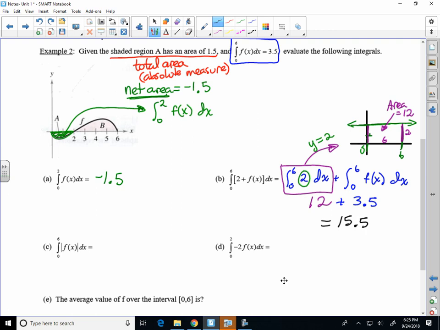You could, using the fundamental theorem, take the antiderivative, which would give you 2x. Then you plug in the 6 and subtract, and you get the same thing. The only reason I would even consider doing it this way, the graphical way, is because I have a constant function.